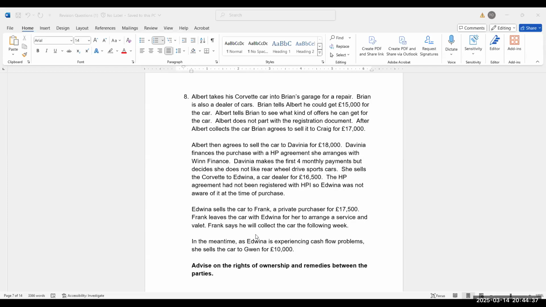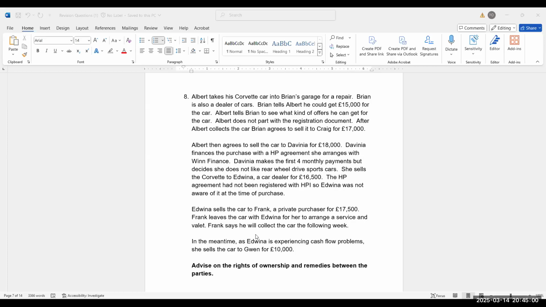So if he goes through any issues getting the car, then he can recover the difference in value from Brian pursuant to Section 51(3), which is damages for non-delivery assessed where there is a market available. So that's Section 51(3) of the SGA.